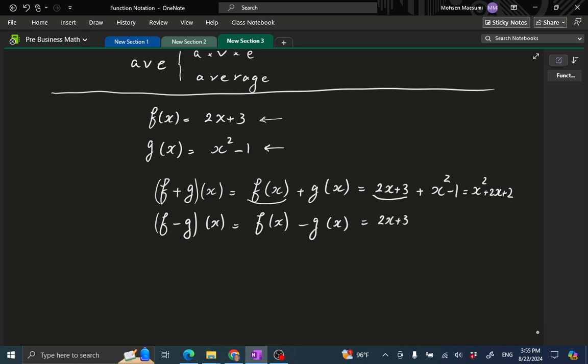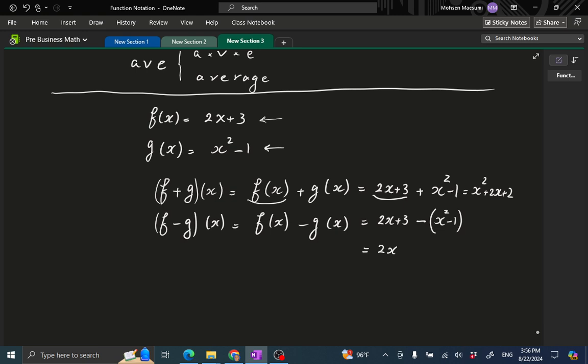When you are doing subtraction, again, it is a safe thing to take your second item, put it in a wrapper, so you don't make a sign mistake. So when you're doing subtraction, the item being subtracted better go inside the parentheses to avoid some common mistakes.